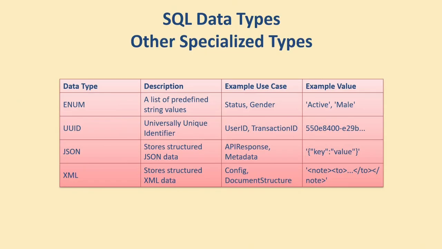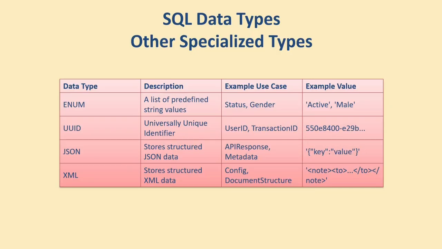We have special types of variables also, like enum. Enum, a list of predefined string values like status, active, not active, gender, male or female. We have the UUID, Universal Unique Identifier, like user ID, transaction ID.